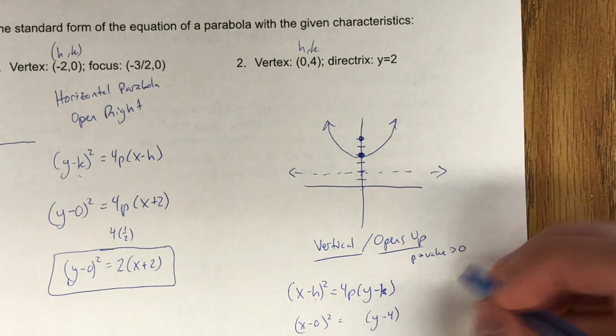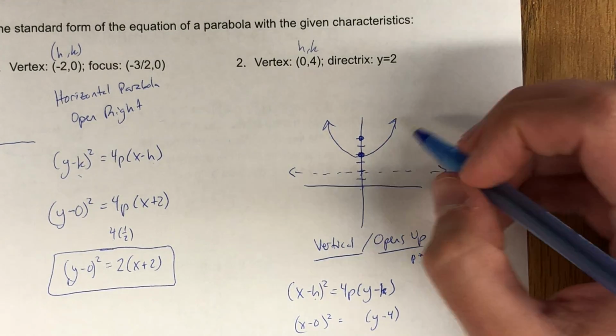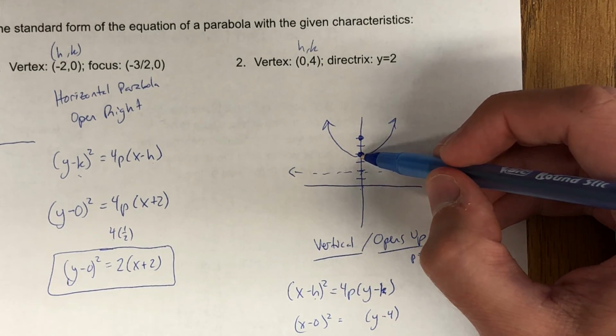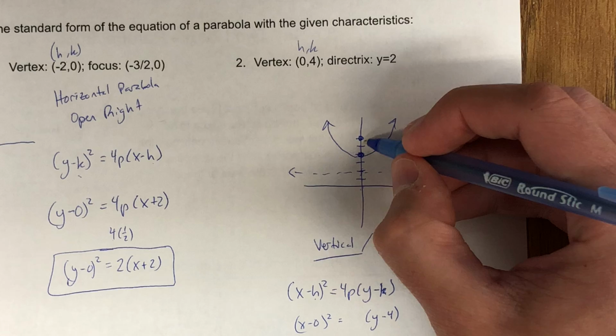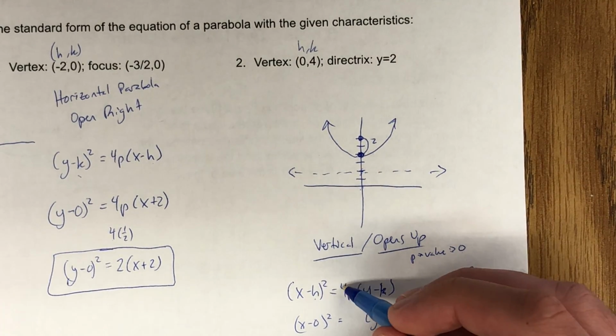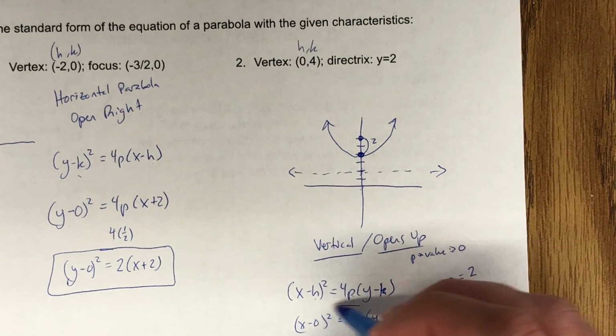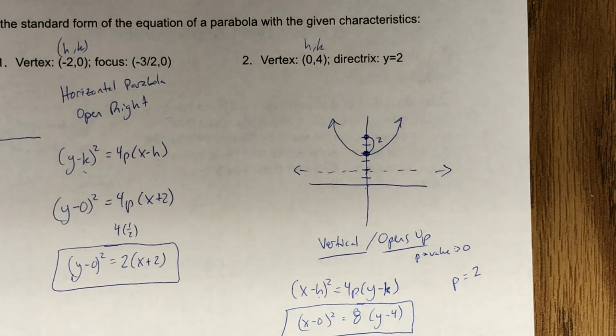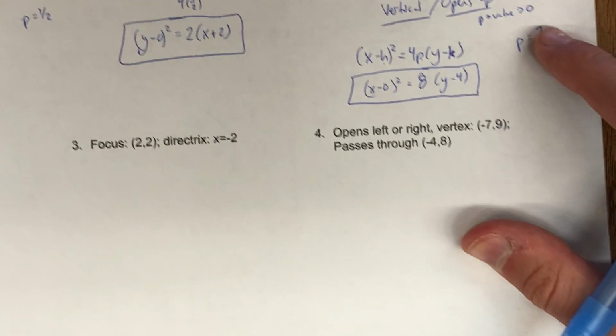The p value, remember, is the distance from the focus to the vertex, or the vertex to the directrix, which in this case is 2. So p is 2, so let's plug in 2 there. So we have 4 times 2, or 8. Okay, there we go.